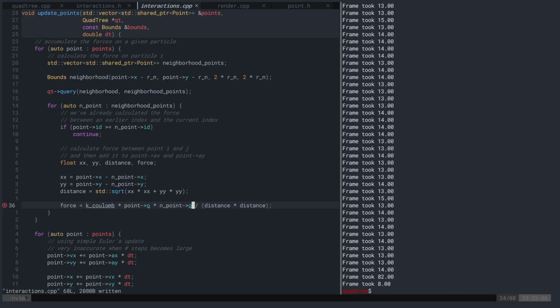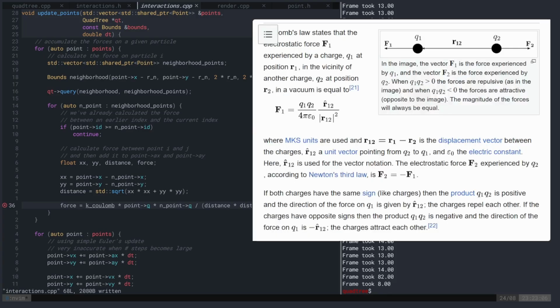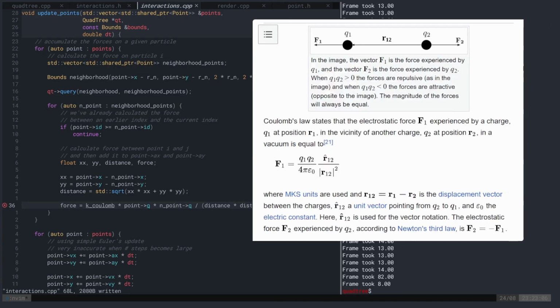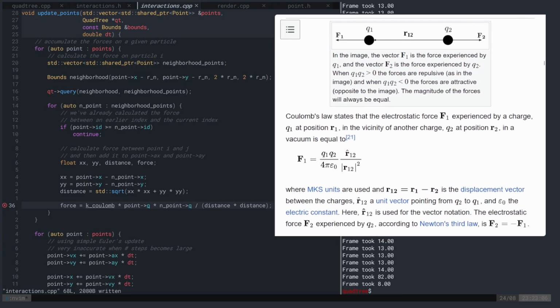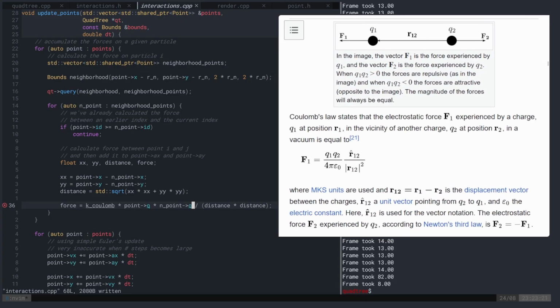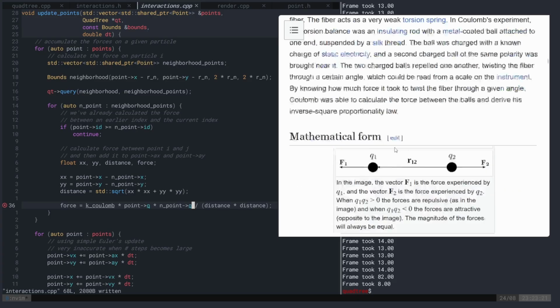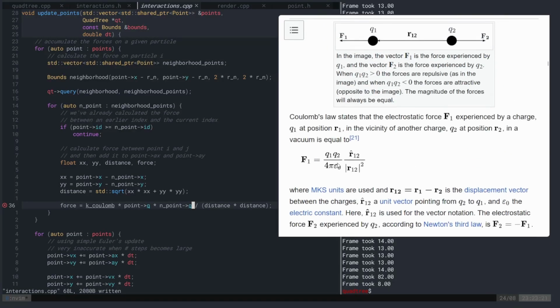Just to show you why I wrote it this way, let me pull up the definition of the Coulomb force again. So here you go. Let me make this slightly smaller, out of the way. And here you see that the 1/4 pi epsilon naught just collapses into a free parameter k because all of these are constants. The q1, q2 are the charges of each of these 2 points.